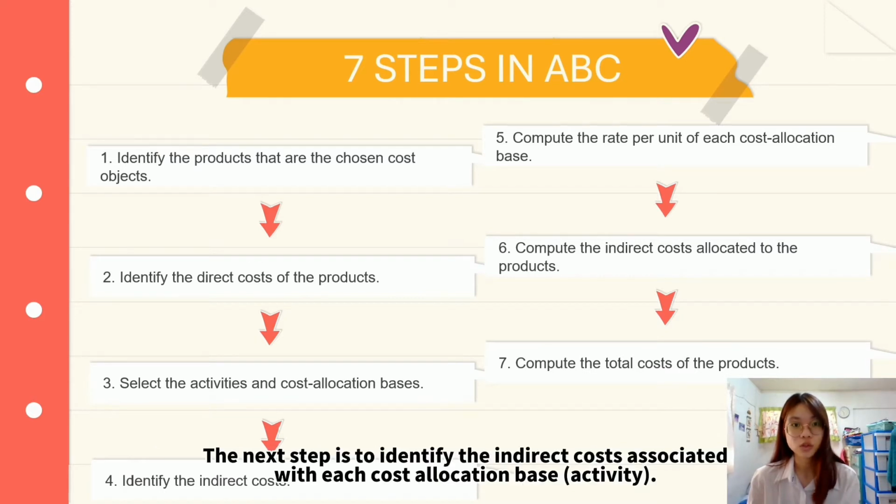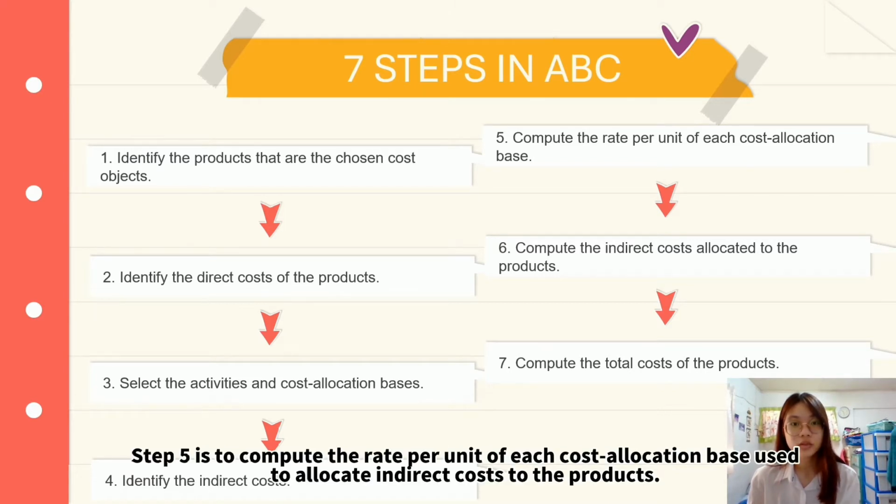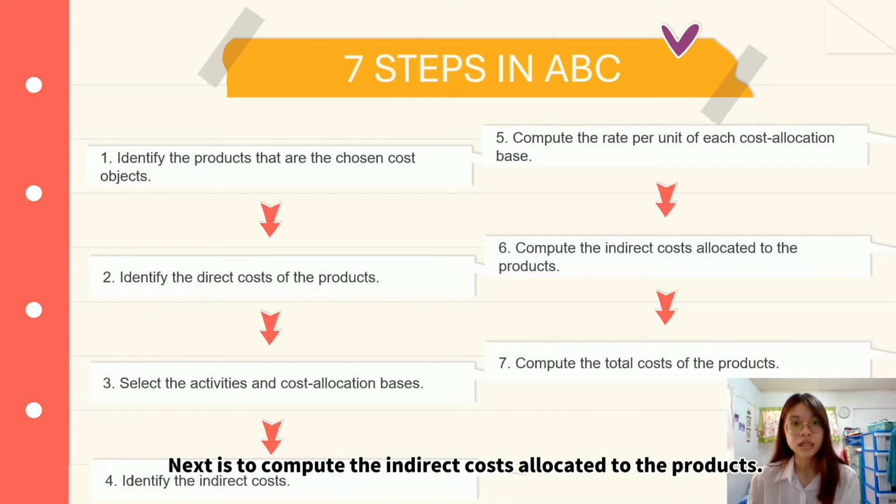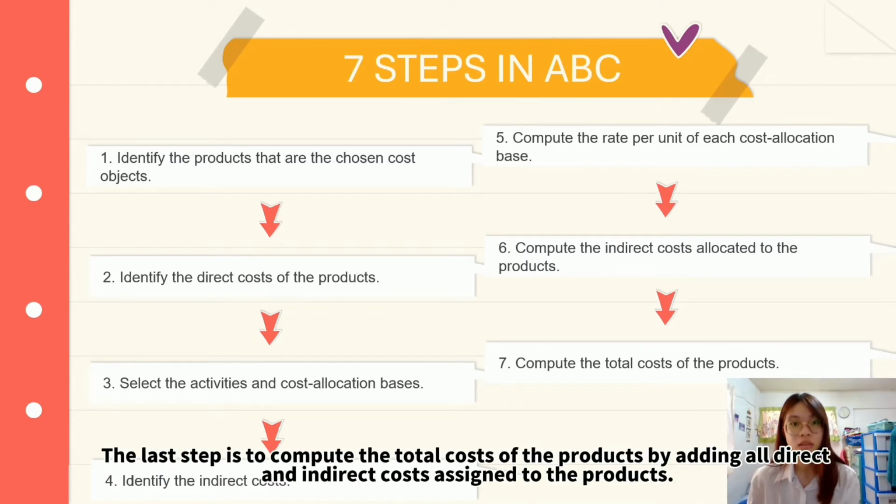The next step is to identify the indirect costs associated with each cost allocation base. Step 5 is to compute the rate per unit of each cost allocation base used to allocate indirect costs to the products. Next is compute the indirect costs allocated to the products. The last step is to compute the total cost of products by adding all direct and indirect costs assigned to the products.